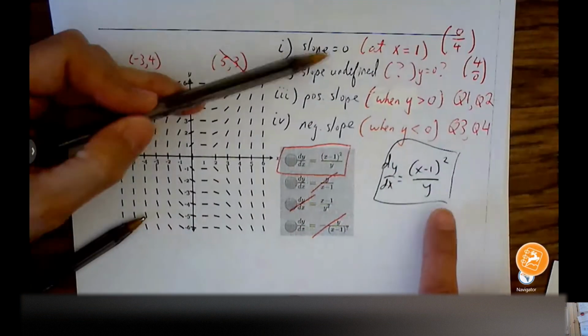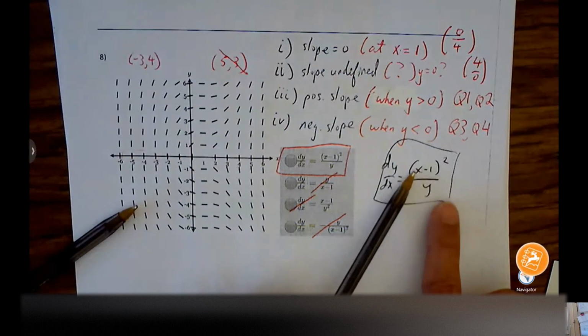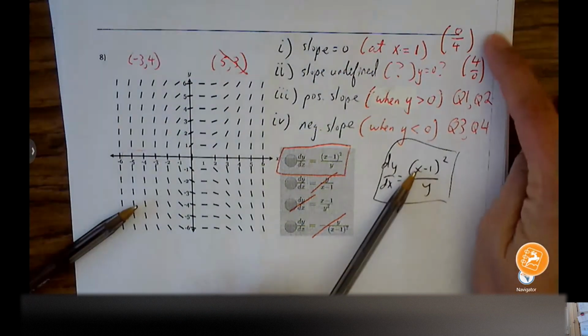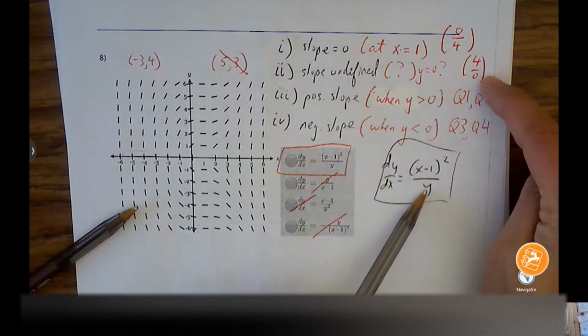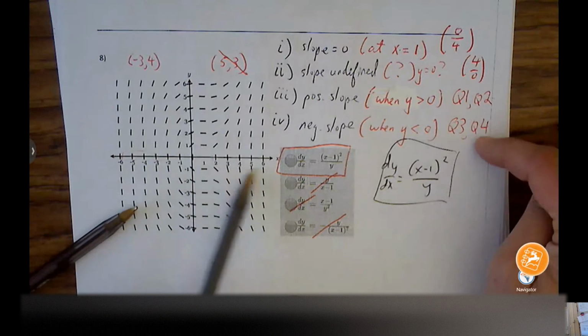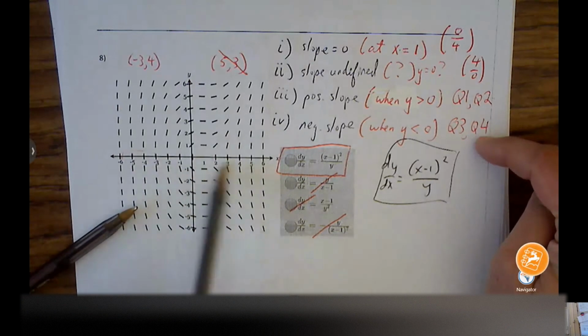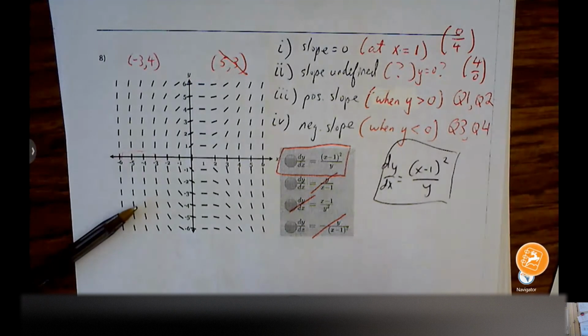Okay, double check. If I put 1 in for x, I do get 0 in the numerator, so that is slope 0. Looks like there is a slope undefined when y is 0. We just couldn't really tell, but it makes sense because we don't see any markings here except for what's marking the x values.